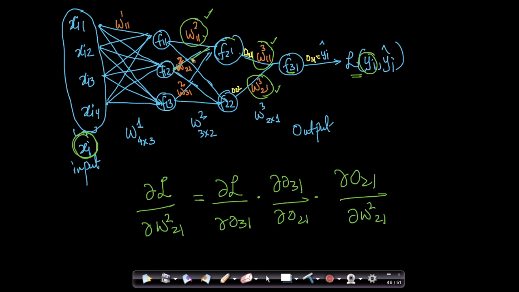Similarly, I can also write for W231. This edge impacts this output because this is going as input here. It impacts this, and this impacts this, which impacts the other one. So I can write the same thing even for W231.